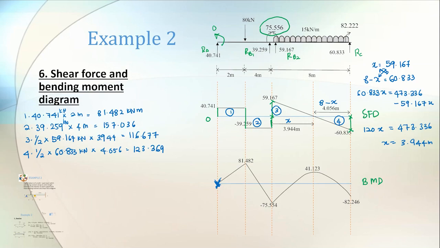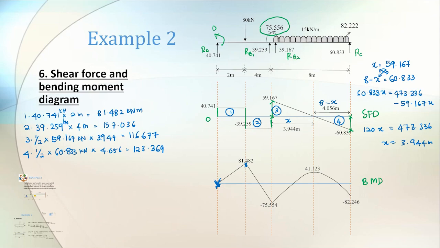I get 81.482. That's why I mark there. Okay, label there too. And then for the second area, it is 157.036. So 81.482 minus. Why we need to minus? Because area number 2 is below zero on the SFD line.